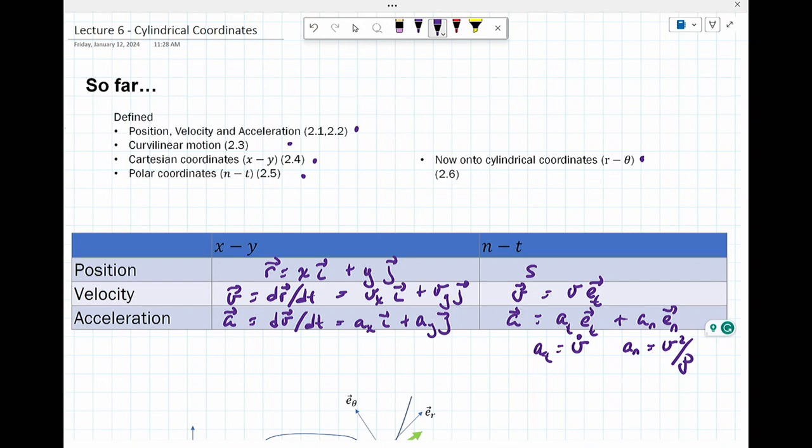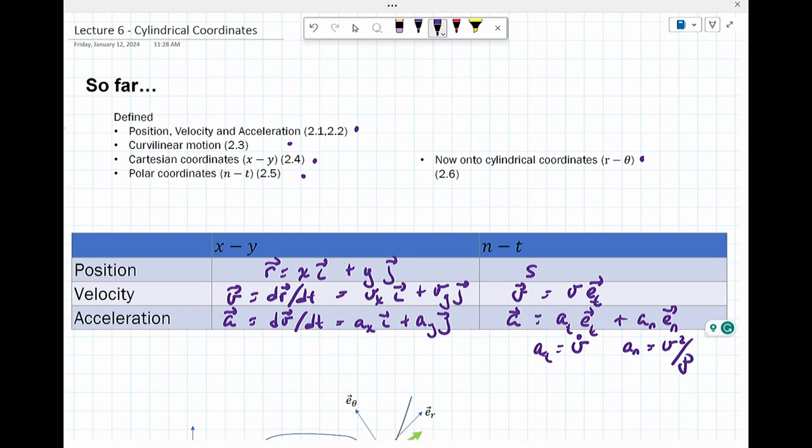One of the things, as you're looking for things to put in a crib sheet, is that this is the sort of information you'd want in there. Acceleration tangential, we get that directly from the first part of the derivative of dv dt, and it gets v dot. This term, v squared over rho, comes from the derivative of the unit vector.